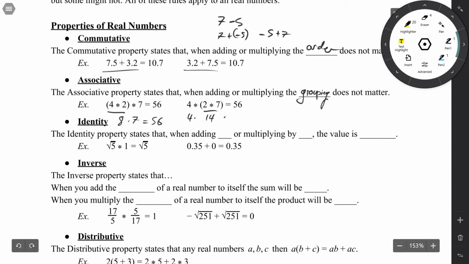And 4 times 14 is still going to equal 56. So the grouping, when you're just adding or just multiplying, does not matter. If this first symbol here was a plus, then the grouping would absolutely matter. But that's not the case here. If it's just multiplication or just addition, the grouping does not matter.